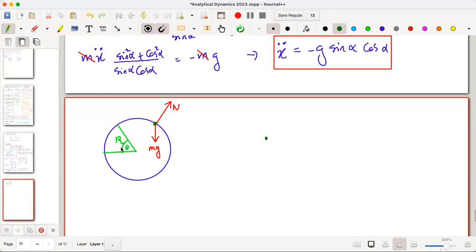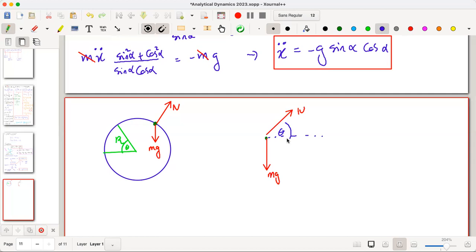If we just ignore the circular loop, we have here, then we have here. This is n, this is mg, right? This is theta, like this. All right, so let's write down the equations for the bead.